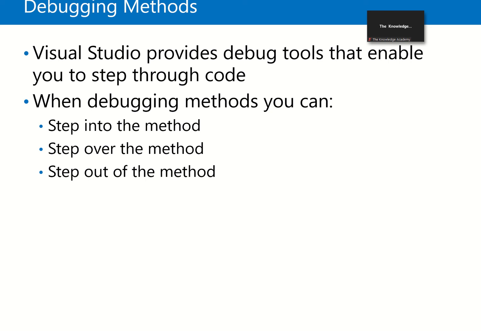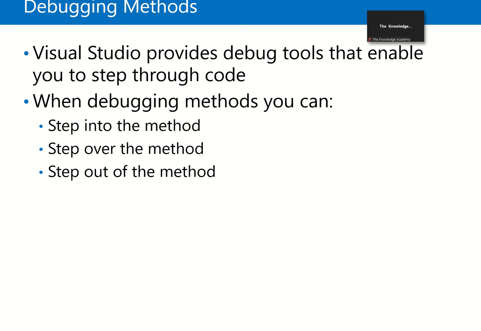Sometimes you want to skip some part, so there is something called step over. Step over executes the statement at the current execution position. However, it does not step into the method. If it finds any method, instead of executing the code inside the method, it will execute the position after the method call. So that's step over.